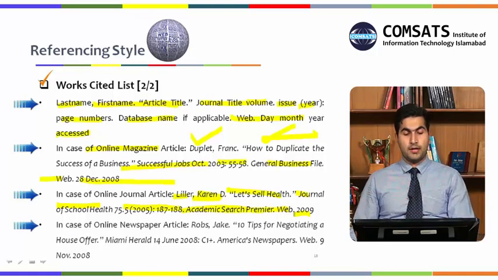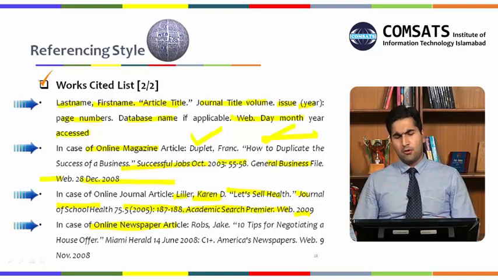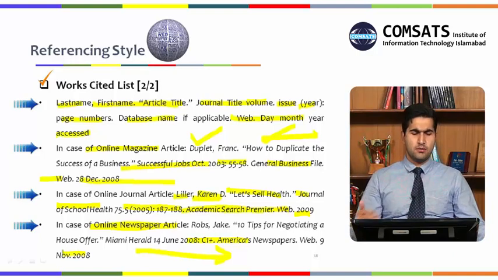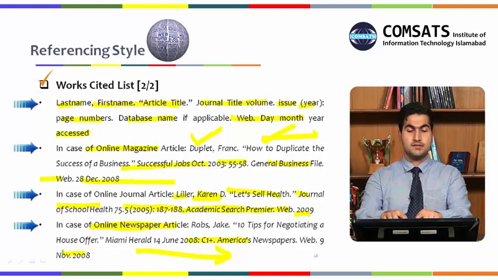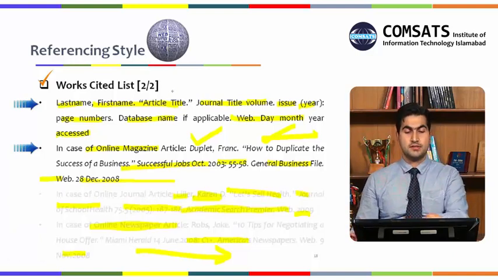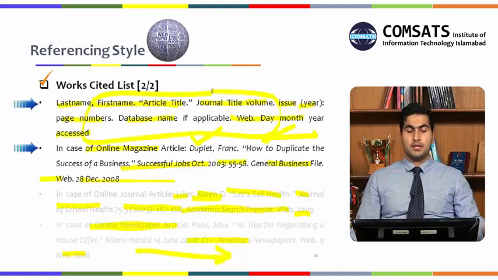In case of an online newspaper article, once again the format almost goes in the same direction. As you can see, title, and then the newspaper, then the duration, and then the publisher, the source, and the way it was accessed. The mode is almost the same. This is the basic skeleton, I would say.